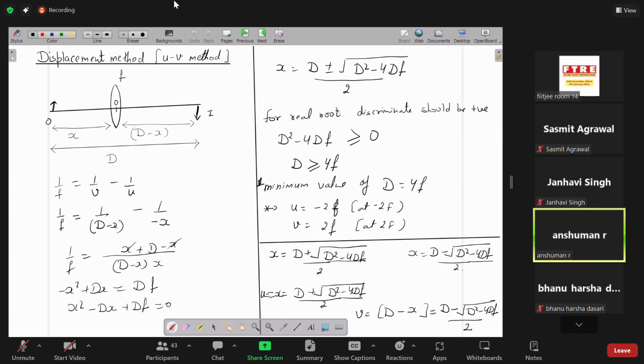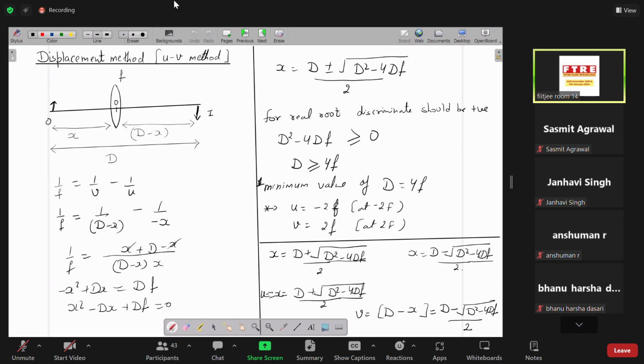Ma'am, like the question we did in the beginning, in that question we can't use this UV method, ma'am? No. That was because this method is valid when we are obtaining the real image of the object. And remember, this time we are changing the position of the lens.